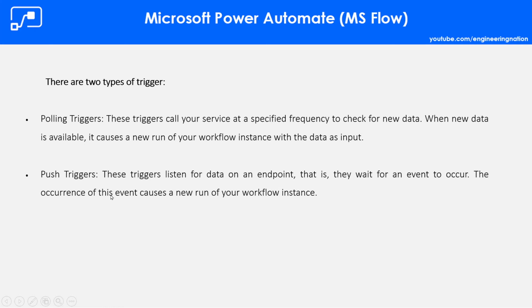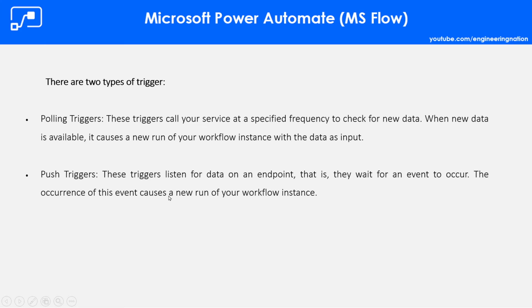And push triggers listen for data on an endpoint; that is, they wait for an event to occur. The occurrence of this event causes a new run of your workflow instance. In this kind of trigger, it is not continuously checking for new updates or new data.